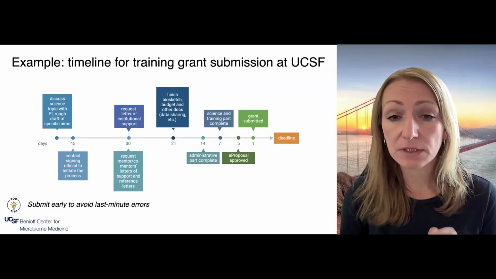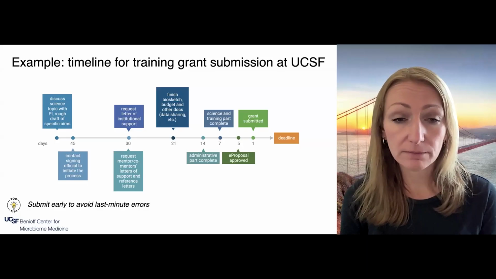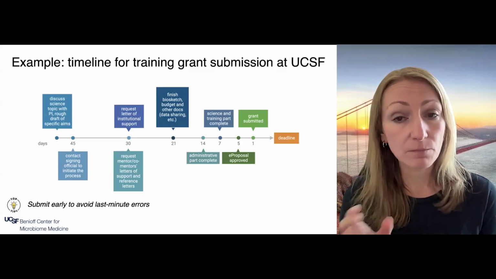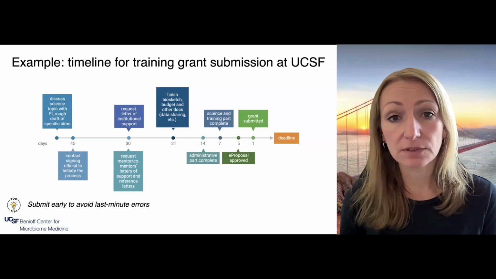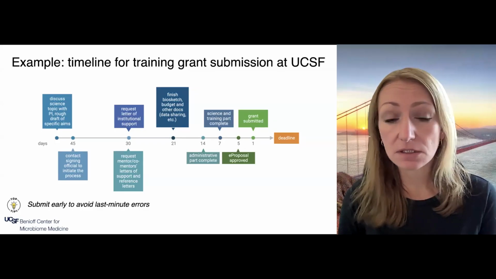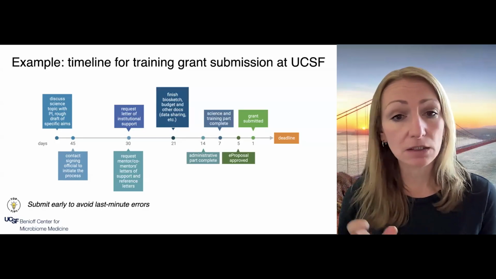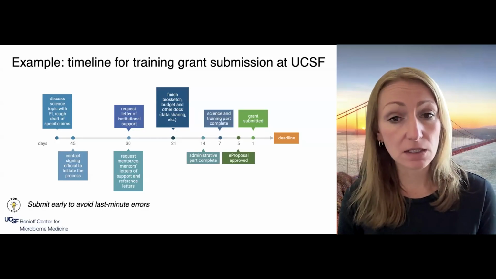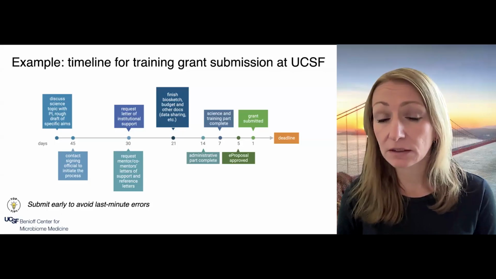And why is that? It's because these administrative pieces can be checked more thoroughly by your signing official, more so than your science and career development plan. For example, your signing official can see a difference between the proposed budget and the budget justification and say, hey, these numbers are not aligning.